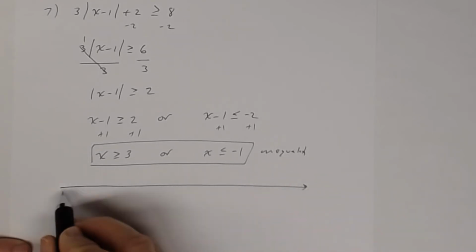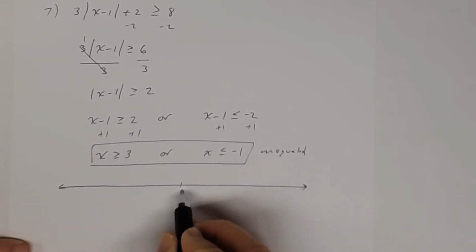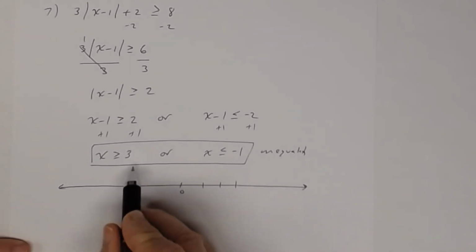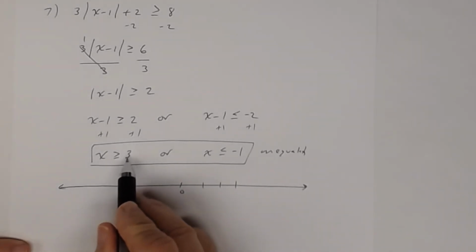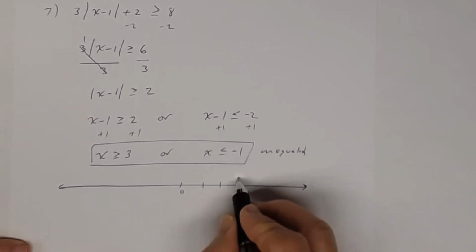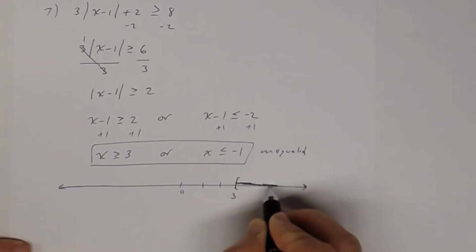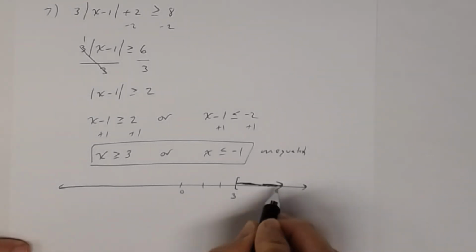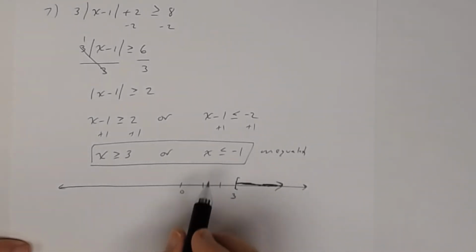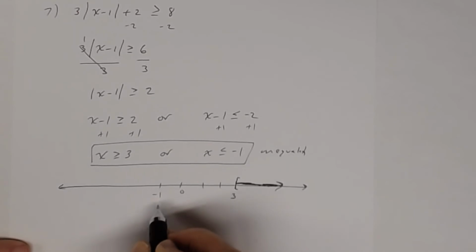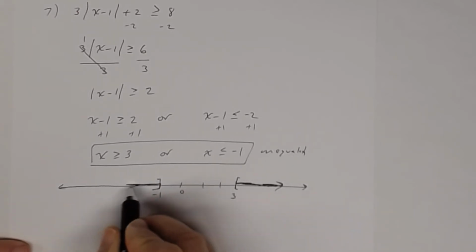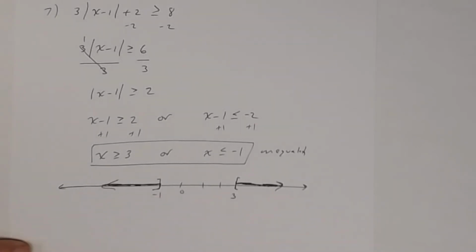Okay, if you look at it in terms of graph, I'm going to go ahead and just draw it. So when you do it by hand, here's 0, let's say, 3, 1, 2, 3. And then I want to shade in every real number greater than or equal to 3. So there's that bracket on 3. Here's 3. And then shade it in and draw your arrow. Make sure you draw your arrow. Negative 1 is here, to the left, bracket to the left, and shade in every real number to the left.